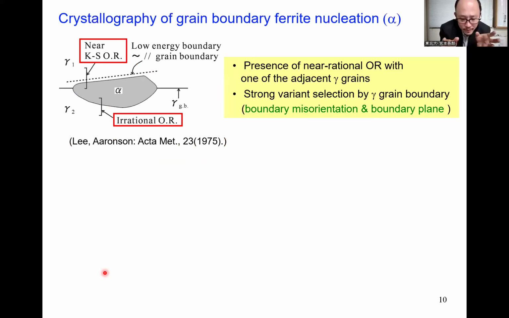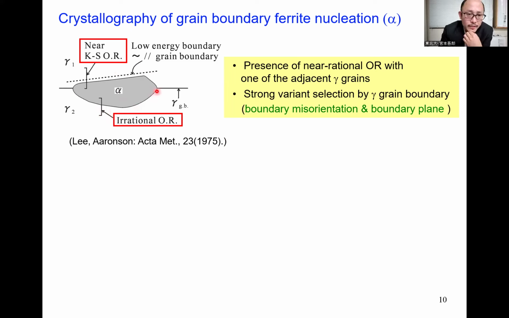But as we know, the ferrite is nucleated at austenite grain boundary. So this ferrite can satisfy near KS orientation relationship with only one side of austenite, and the other side becomes an irrational orientation relationship interface.